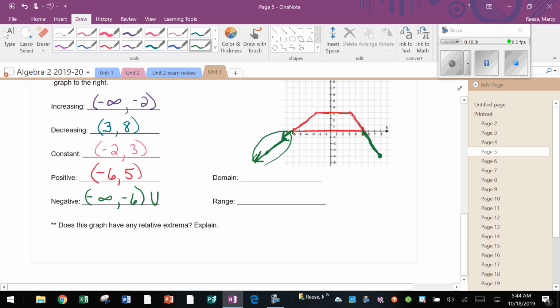Now, remember, it started being negative when x was 5, and then it went to when x was 8. And those are going to be, again, wrapped in parentheses. All right, so there's two green sections, and that U just means union, means I'm going to take both these sections, and they're both going to represent negative.